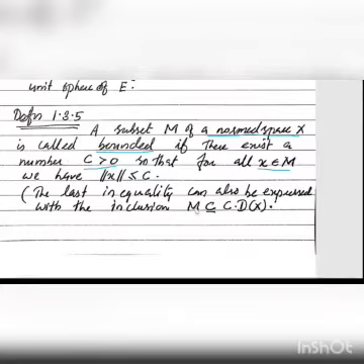If we get something like that also, we will say that M is bounded. Okay. So today we have studied some of the concepts from topology that can be related to your functional analysis.